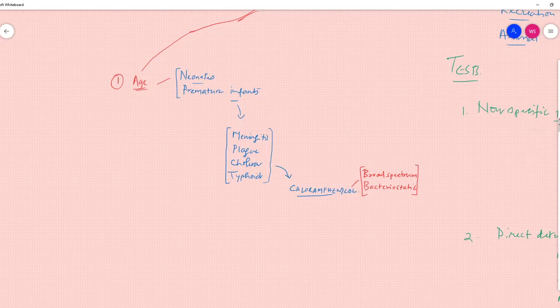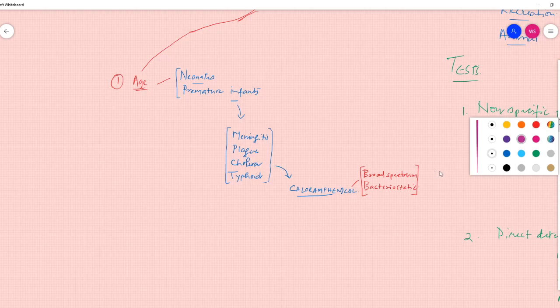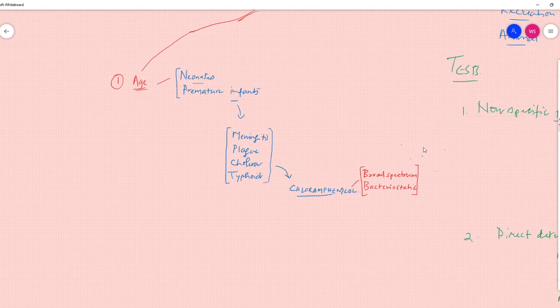What are the important adverse effects of this drug? The important adverse effect is it can cause hematological conditions like agranulocytosis. Okay, so hematological complications are one of the important side effects of this drug.